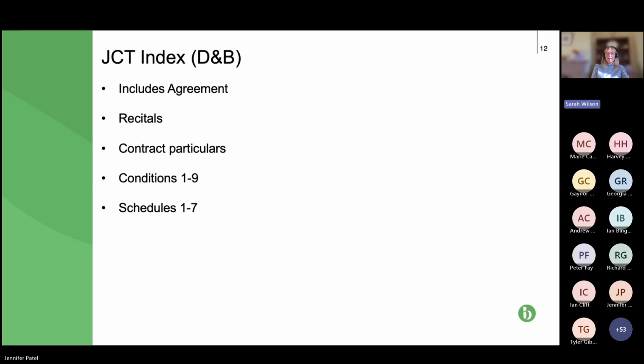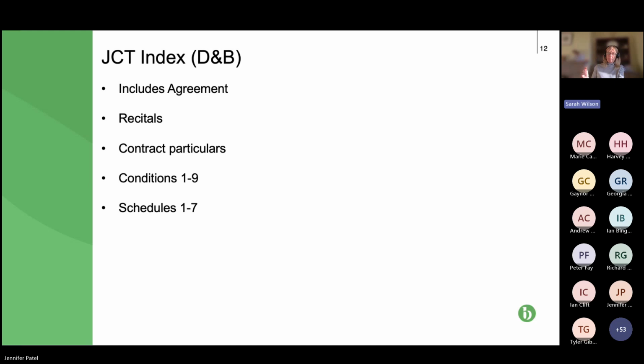So it's the bit that says, whereas the employer wishes to have various works done, namely construction of a block of flats in a specific location, etc., and the contractor has agreed to carry out the works and design the works, and the parties have agreed that the price to be paid will be X. So that's what you include in the recitals.